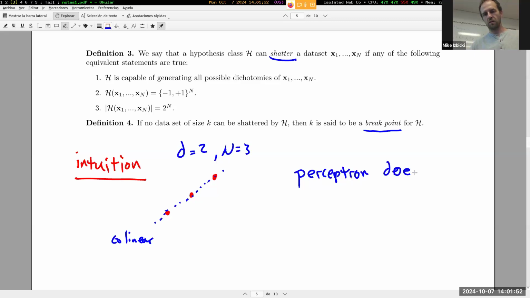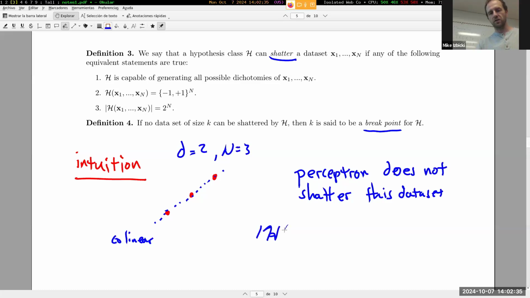That is because, coming up to our definitions, if we look at part 3, the size of the dichotomies was not equal to 2 to the N. In order to say that a hypothesis class shatters a data set, the size has to be equal to 2 to the N. If the hypothesis class does not shatter the data set, then the size is not 2 to the N. Here we saw that the size of H of x1, x2, x3 was equal to 6, and that implies not shattering.